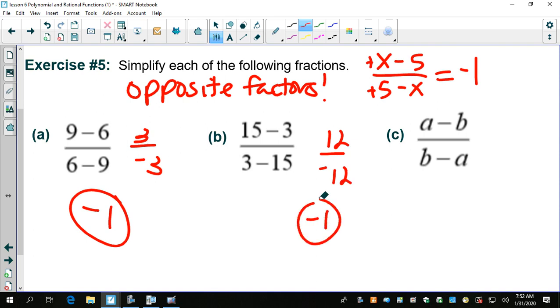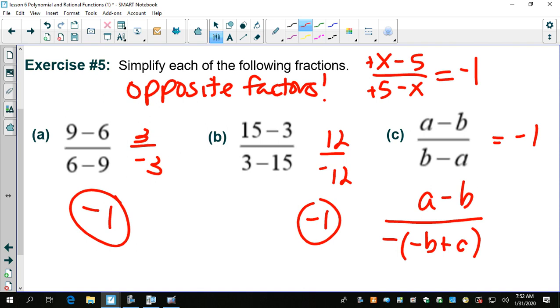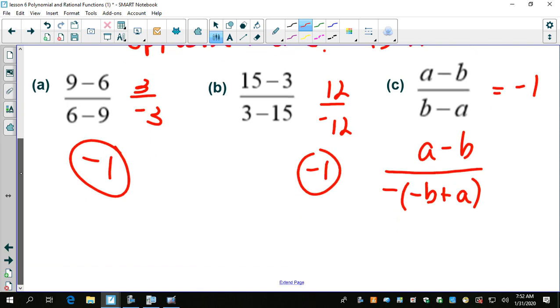Now, this, then clearly we know is negative 1, right? If you like, you could factor out a negative to see it. If I factored out a negative, this would have to be negative b, and then this would have to be a positive. I'm just showing you how it works.